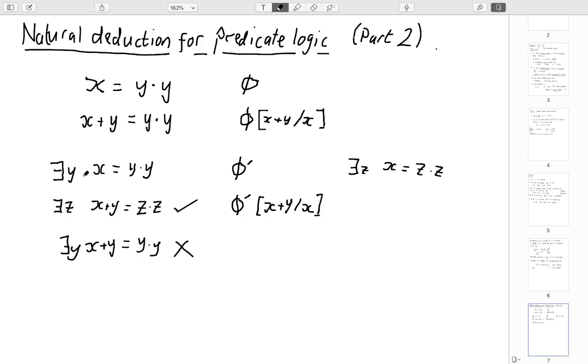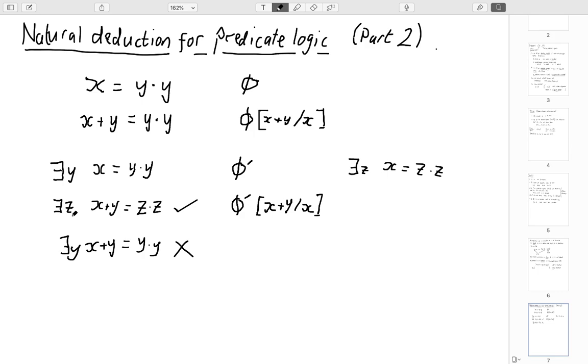So here y was different from x, but it wasn't different from the variable y that appears in the term we're substituting. So we need to rename it to avoid that clash, and we renamed it. It doesn't matter what we rename it to as long as it's not x or y, so we could have called it w, but we called it z. Okay, so that's a little bit of a fussy operation.